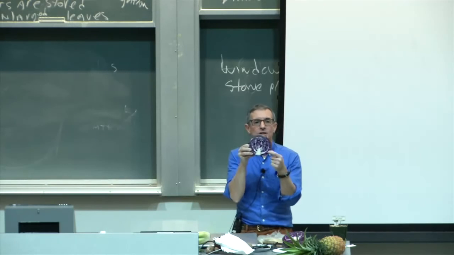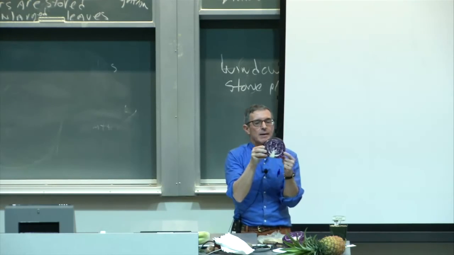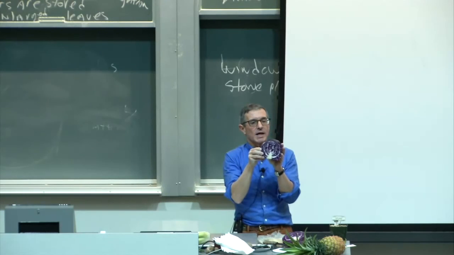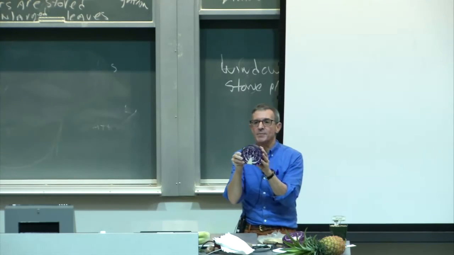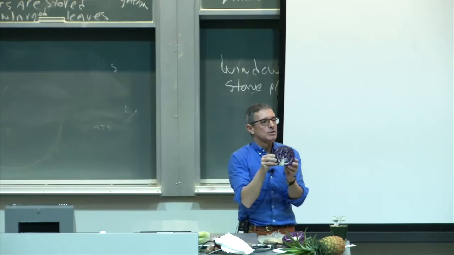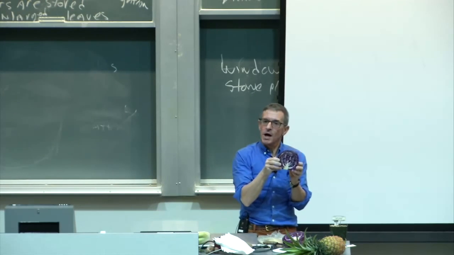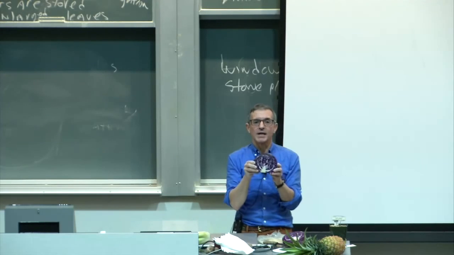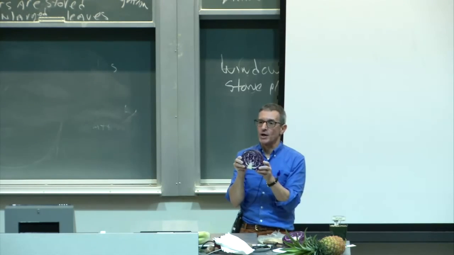The leaves are attached to the stem axis, but there's been very little internode elongation. So in a cabbage, what we have is a stem which has not elongated to make this structure. For those of you who buy Brussels sprouts, a Brussels sprout is essentially a small cabbage, an axillary bud on a stem which has not elongated.